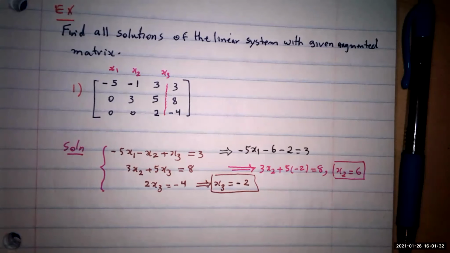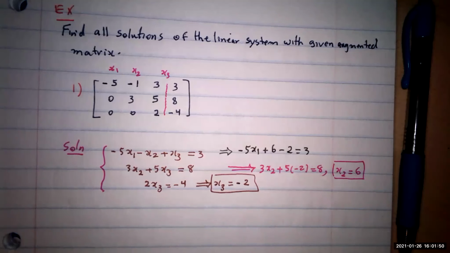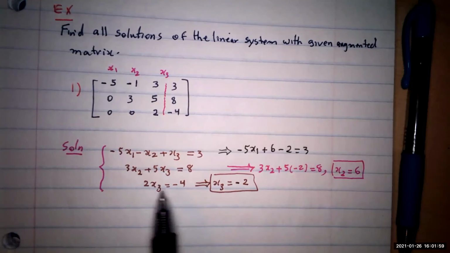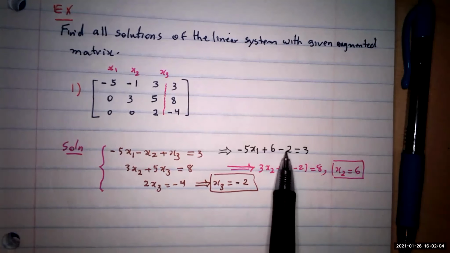So far I got x3 equal to -2. When I substitute, oh, I'm sorry, I missed this one. It's -5x1 minus x2. There is a negative sign here, so to make it positive, now that would be fine.